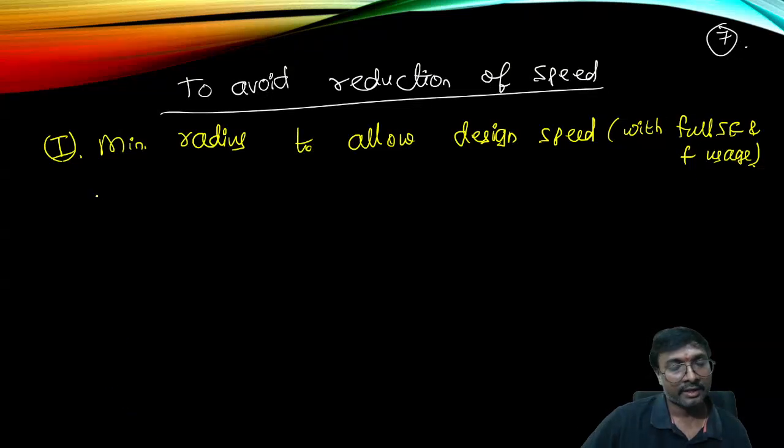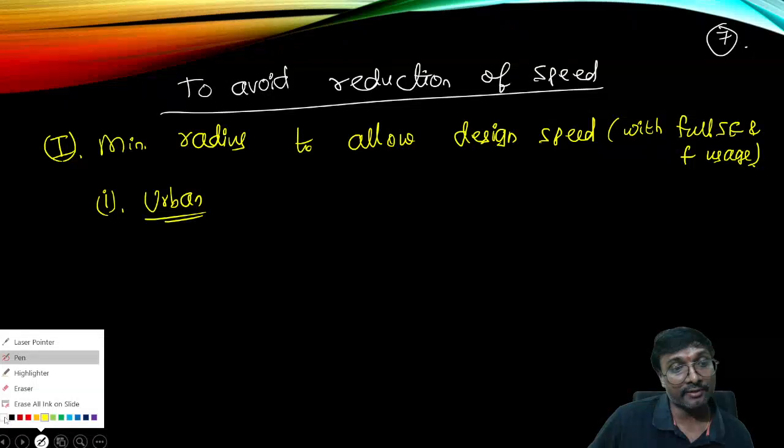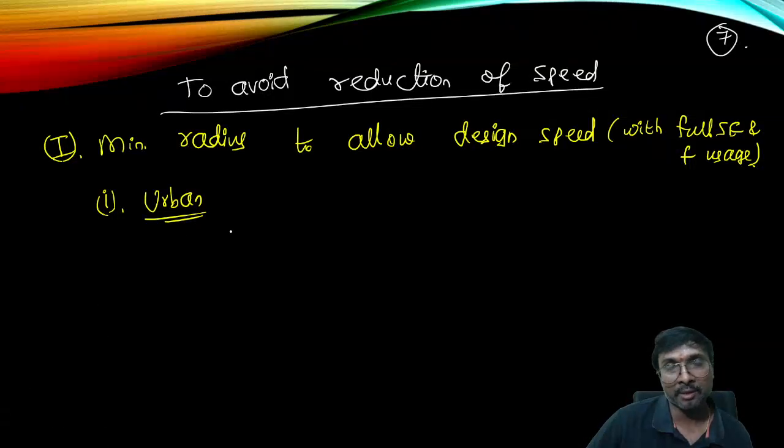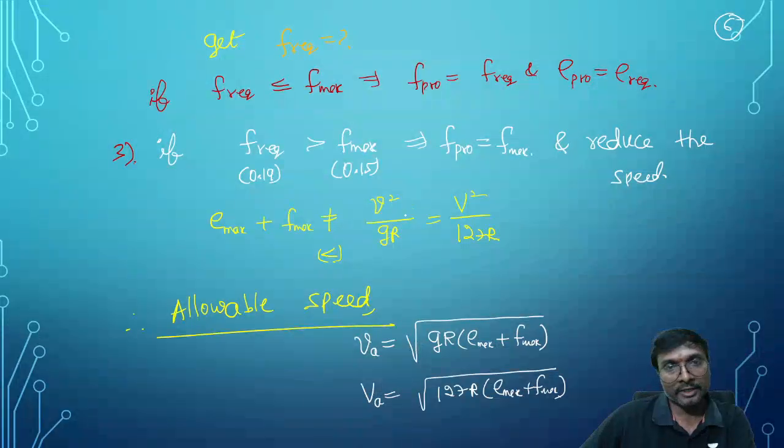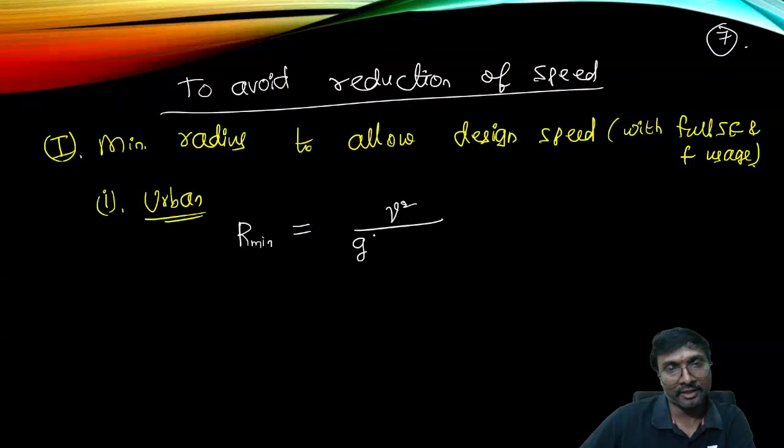So here in the case of urban roads, yesterday in the previous session I gave the design speed values, if you remember, for urban roads and rural roads. In urban roads, what is R minimum? R minimum will be equal to small V square divided by which one? This is g into E maximum plus F maximum.